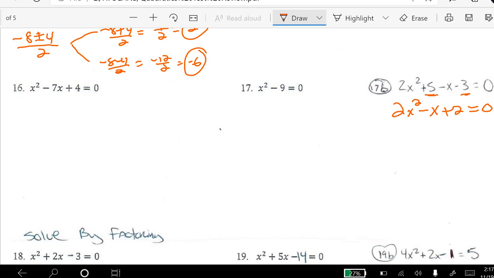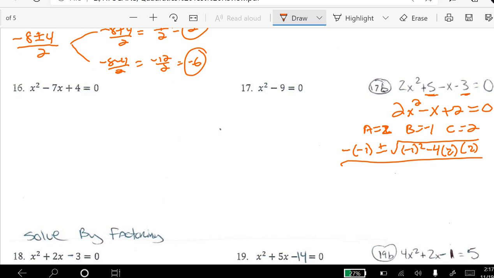Right? Then I'm going to use the quadratic formula. So a equals 1. I'm sorry, a equals 2. B equals negative 1, and C equals 2. So it's negative b plus or minus the square root of b squared minus 4 times a times c over 2a.